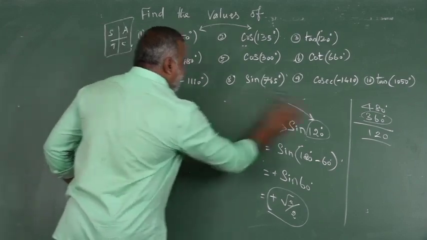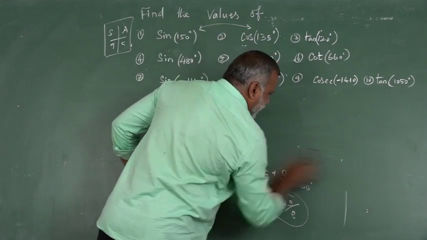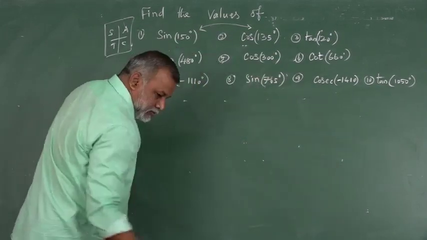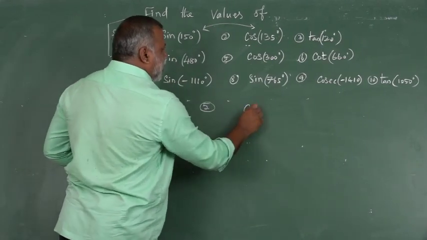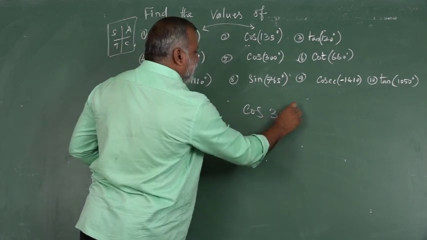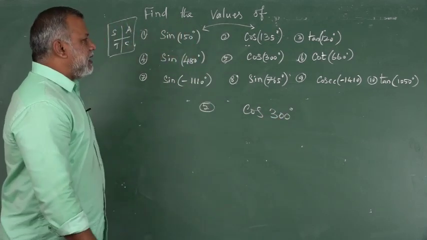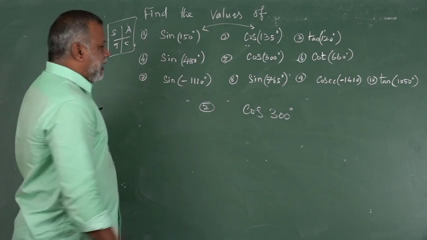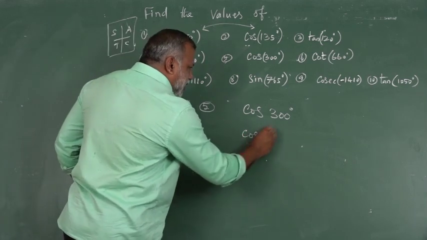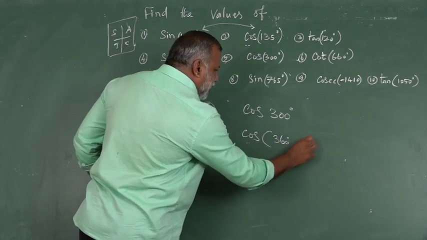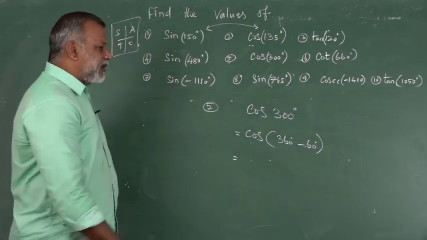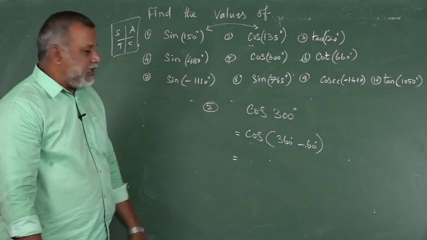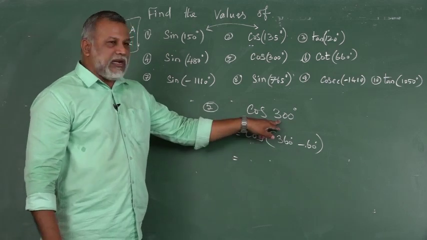Now see question number 5. In your fifth question, cos 300 degree. Cos 300 degree we can split in the form of cos of 360 minus 60. 360 minus 60 gives 300.